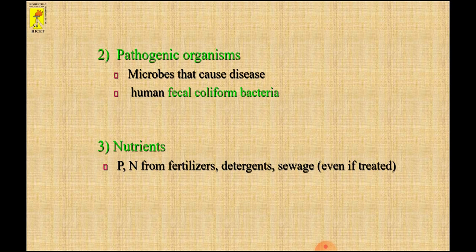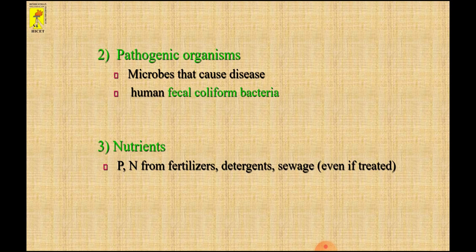The plant nutrients come from fertilizers like potassium, phosphorus, nitrogen. The water soluble compounds containing nitrate, phosphate and ammonium ions from fertilizers, detergents and sewage waters mixed with water bodies cause water pollution.